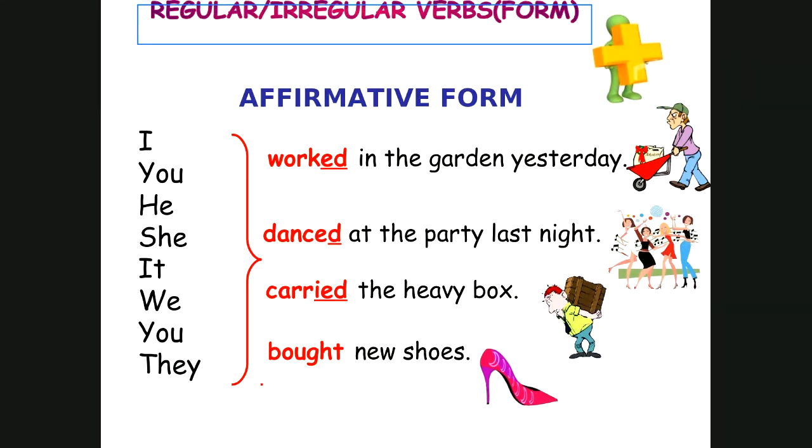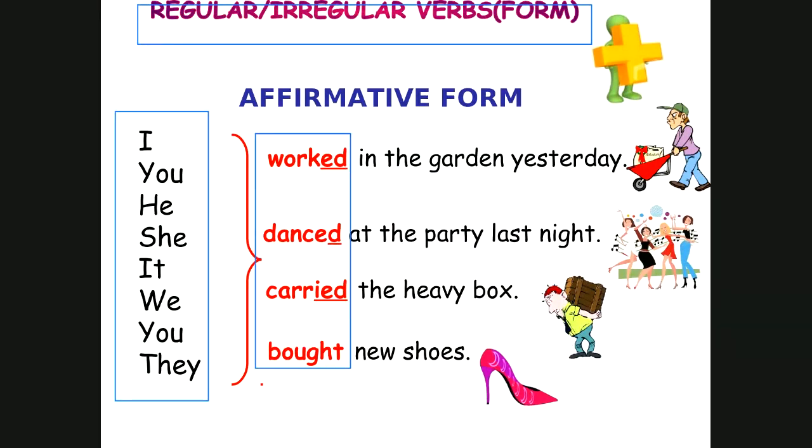First of all, you have to write the subject pronoun. After this, you have to include the verb, which would be in past. Notice that these ones end in ed, danced, worked, carried, but the last one, which is both, is an irregular one. So depending on if you have regular or irregular verbs, you have to check which one is the past of each one of them.